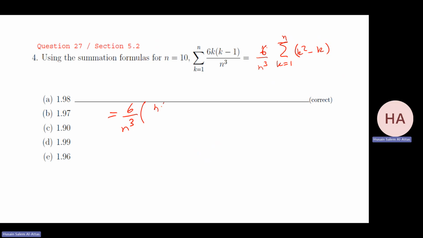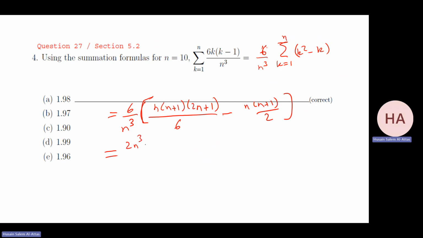Summation of k squared, which is n times n plus 1 times 2n plus 1 over 6. Summation of k, which is n times n plus 1 over 2. That gives me 6 with 6 cancelled. This I think we did before.